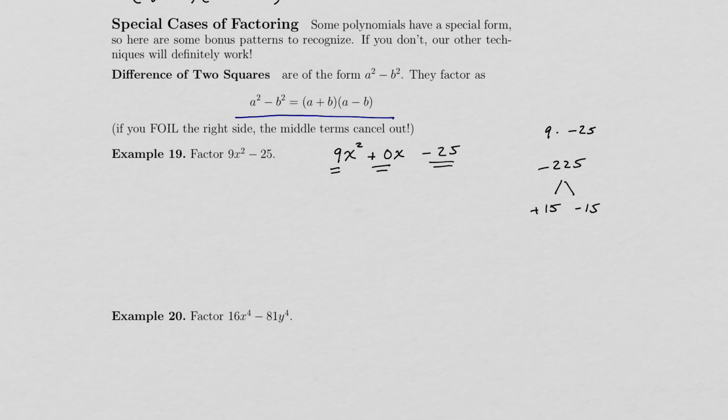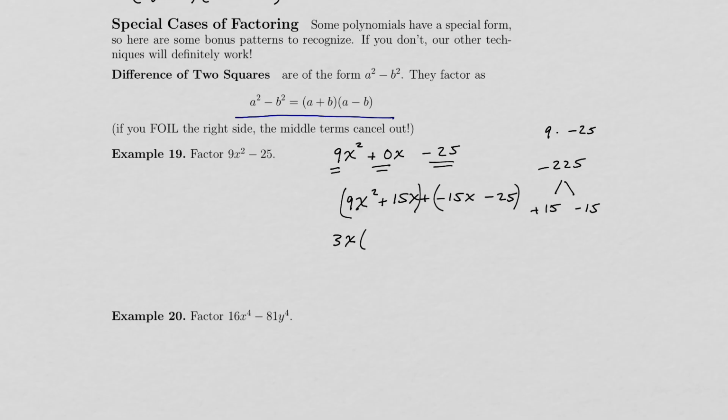Okay, so then I can rewrite that middle term as positive 15x minus 15x minus 25. And again, I'll put a plus there to remind me that I'm adding the negative 15x. Then I'm going to factor by grouping. So I group the first 2, group the last 2. The largest thing I can factor out of the first group is a 3x.